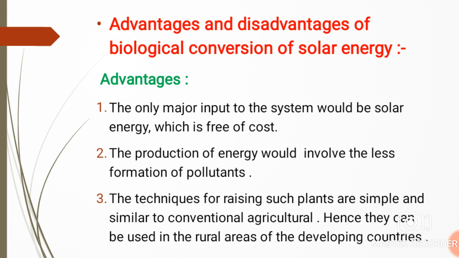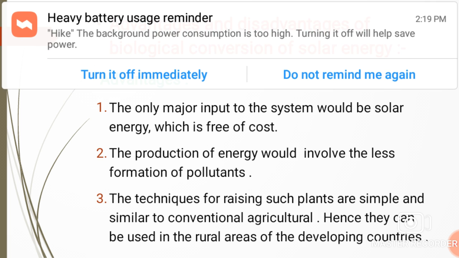First we see the advantages. The first advantage is that the only major input to the system is solar energy, which is free of cost. We also discussed solar energy in our previous video, in the first chapter, the introduction to energy sources, and we know that solar energy is a renewable energy source and also it is free of cost.